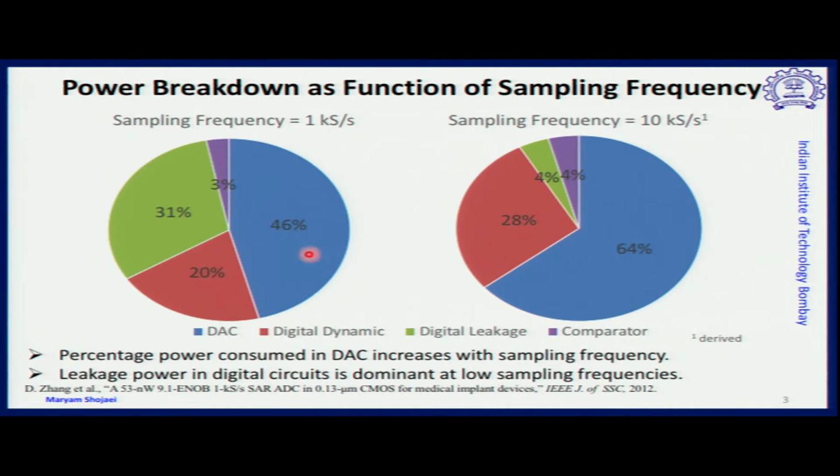However, the contribution of the capacitive DAC is even more, increasing from 46% to 64%. Therefore, we are concerned about energy consumption of the capacitive DAC in both cases, and that tells us that it is very important to try to find ways to minimize this energy consumption.